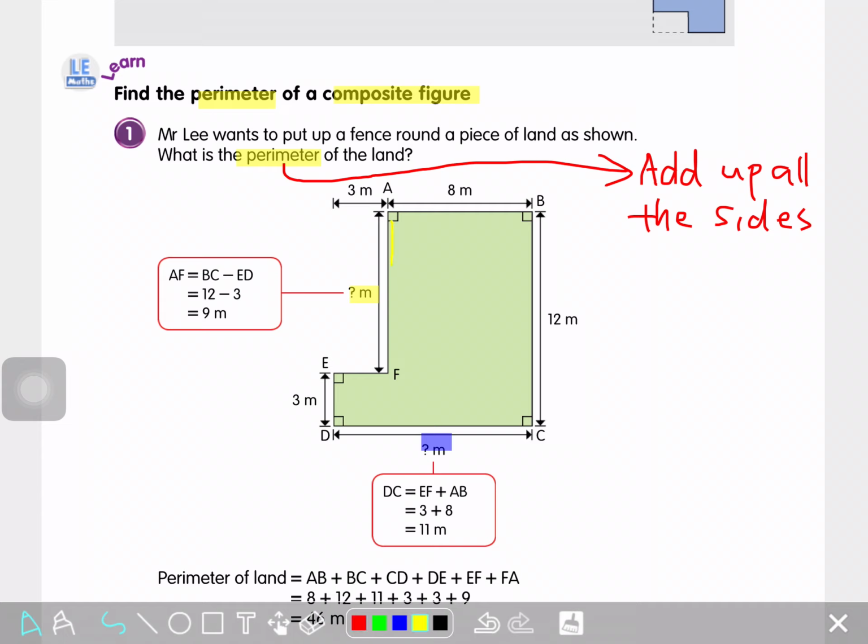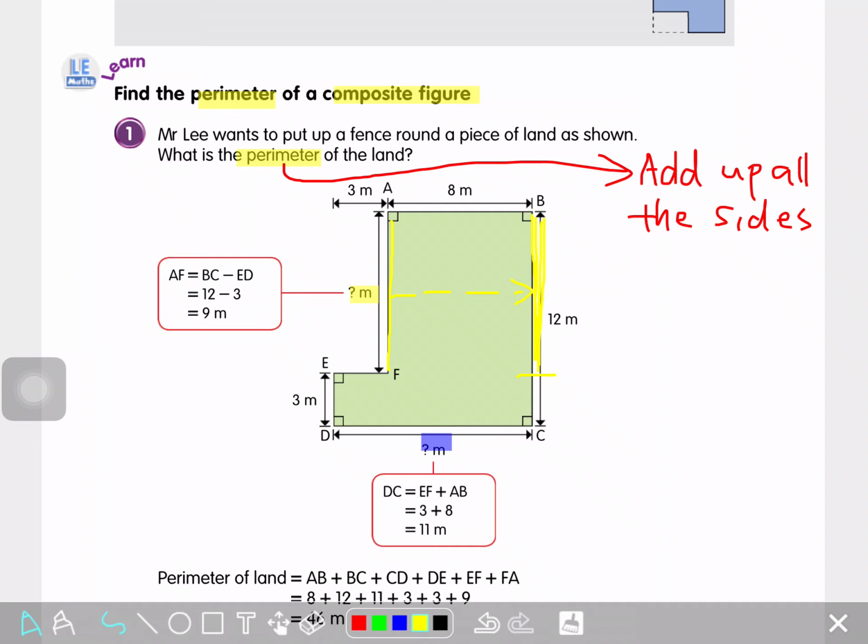This part here is AF, and we do not know its length. Now if I shift AF to the right, bring it out here, and copy down the line from the same length, can you see that AF is a part of BC all the way out to here?